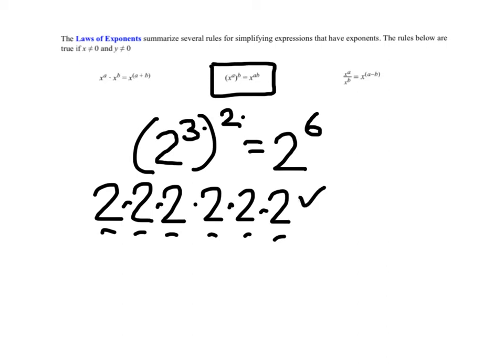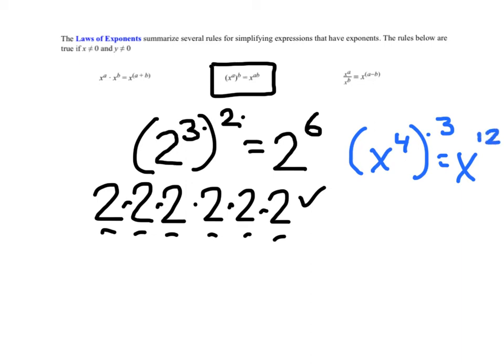All right, let's try one with a variable. Let's say I have x to the 4th power, and that's being cubed. Okay, so I would take my base number x and then multiply 4 times 3. So that should equal x to the 12th power.